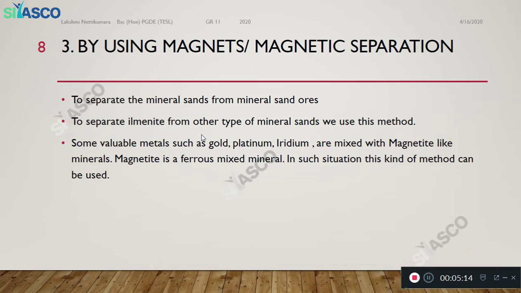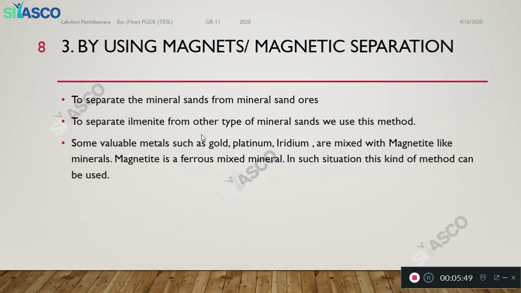So here, if we want to separate ilmenite from the rest, what we have to do is first use a static electricity method to separate the minerals that are conductors of electricity from the minerals that are insulators of electricity. By this method, ilmenite and rutile can be separated from the rest because they are conductors of electricity.